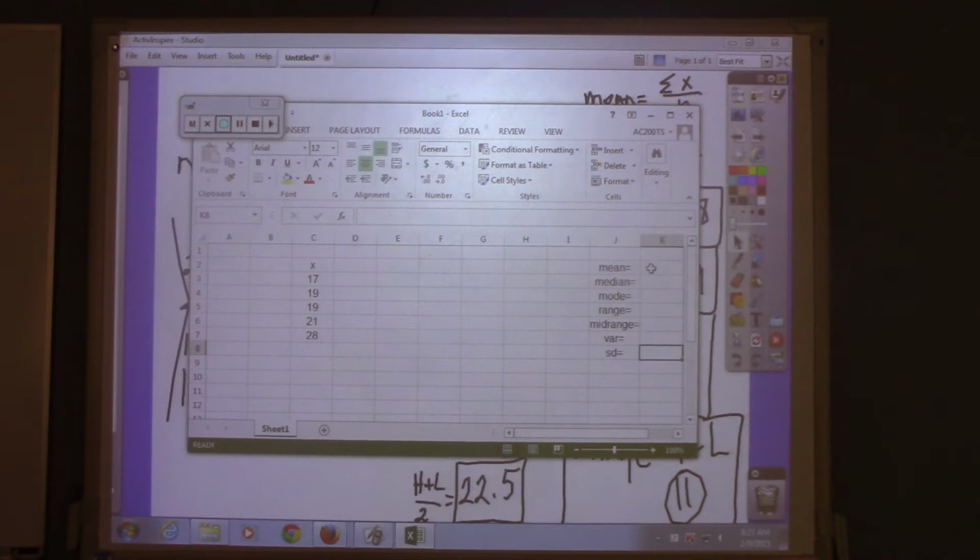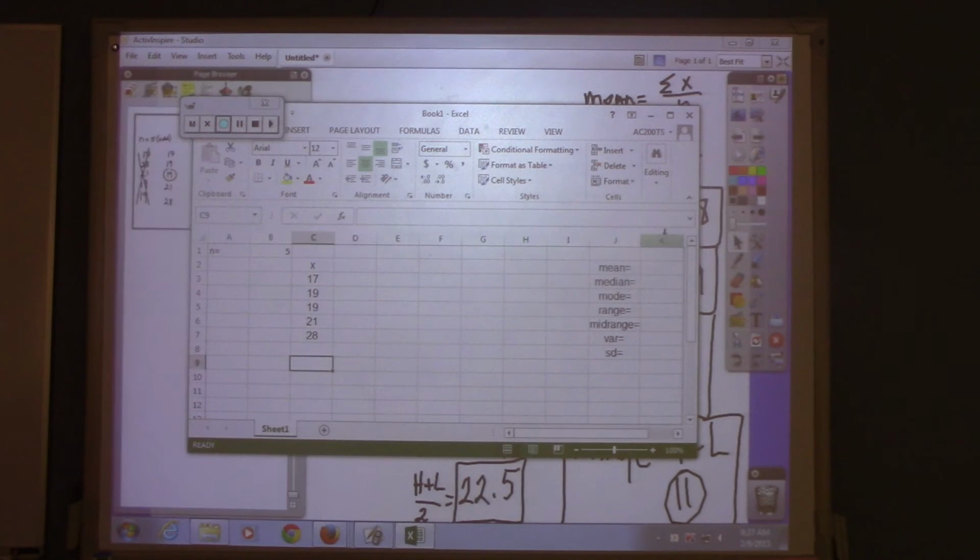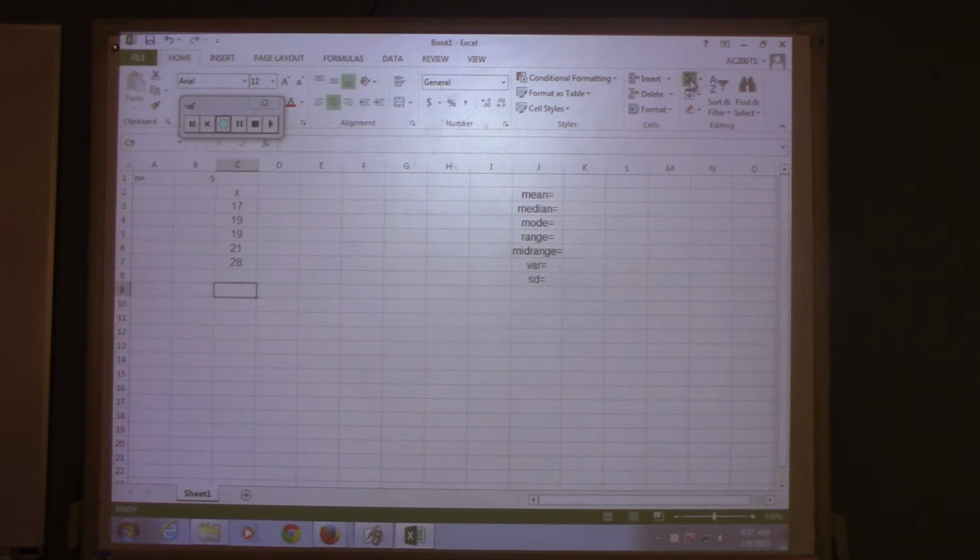And we'll start off with the mean. First of all, I'm going to put n is equal to 5 right here, because that'll help me out with calculating. First thing I got to do is add all these up, right? So we hit our summation button, and there's that.